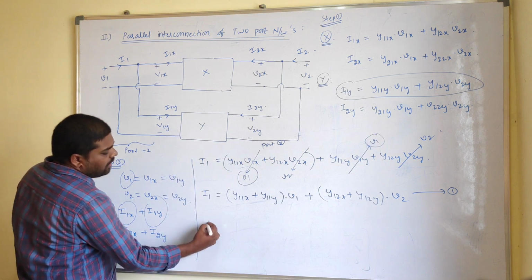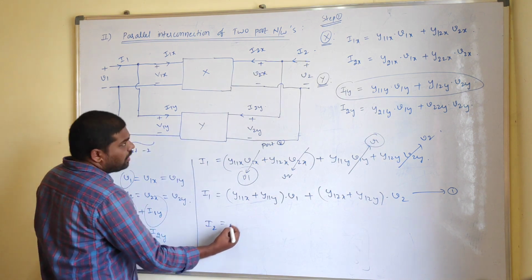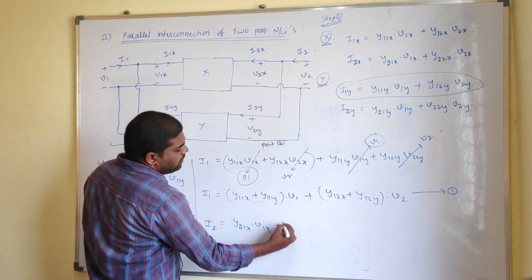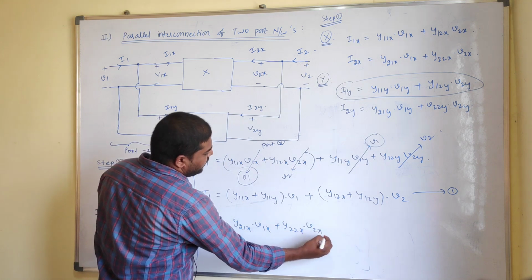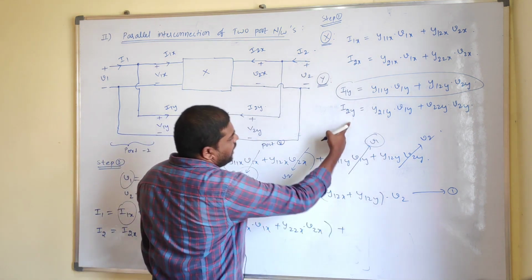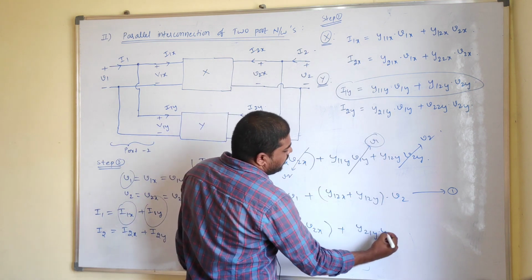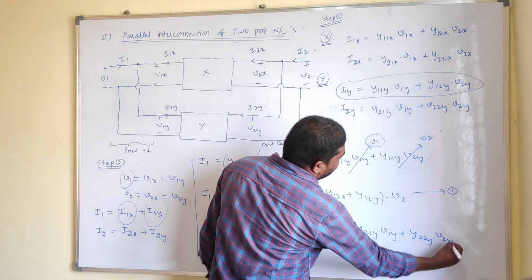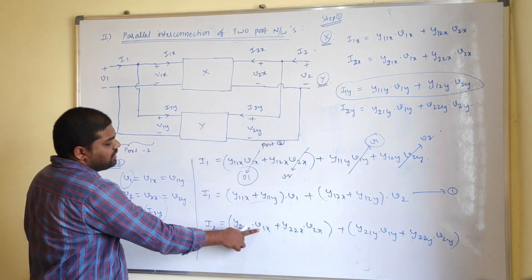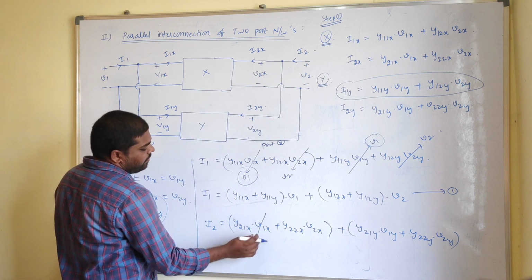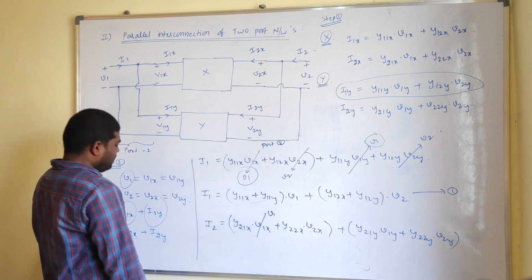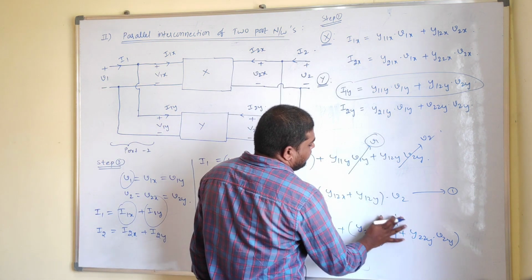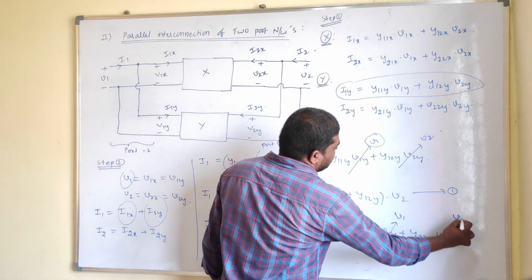Now we get I2 equals Y21x V1x plus Y22x V2x, plus I2y, that is Y21y V1y plus Y22y V2y. Observe the voltage variables: V1x equals V1, V2x equals V2, V1y equals V1, and V2y can be replaced with V2.